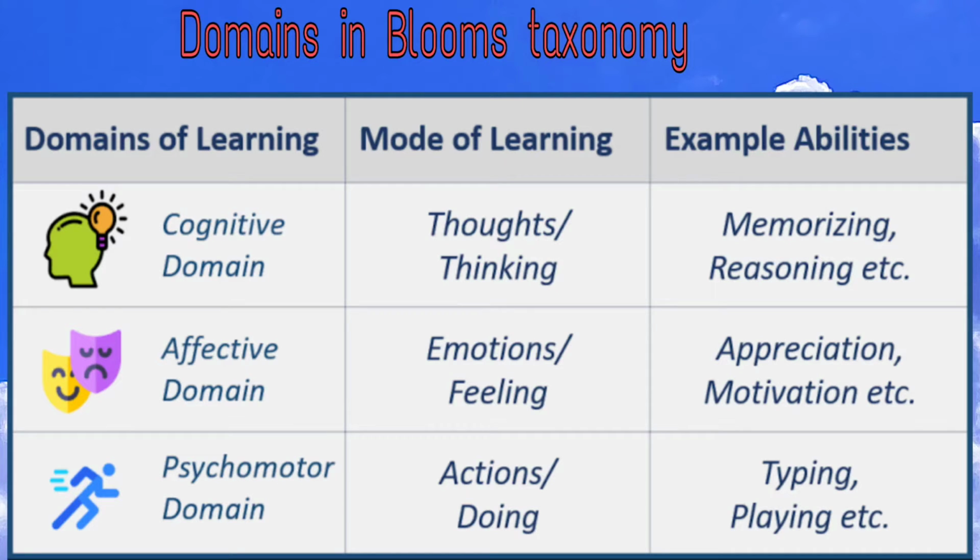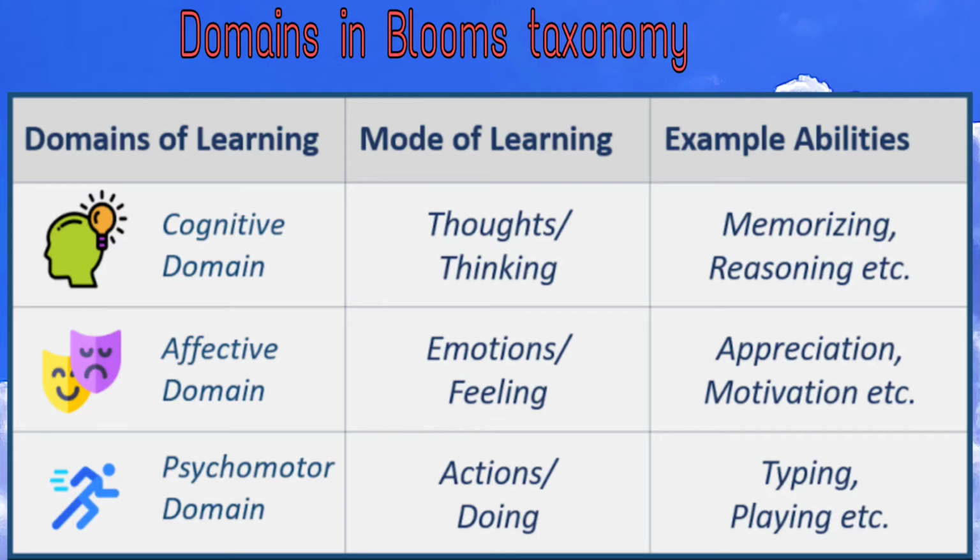According to taxonomy by Bloom, there are 3 domains in learning: cognitive domain, affective domain, and psychomotor domain. Cognitive domain, the mode of learning is by thoughts or thinking. The examples of cognitive domain are memorizing, reasoning, etc. Second one, affective domain.